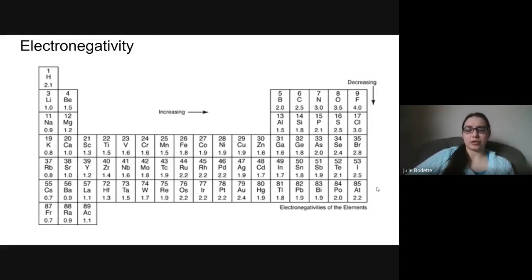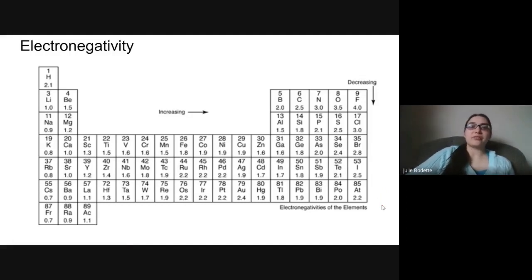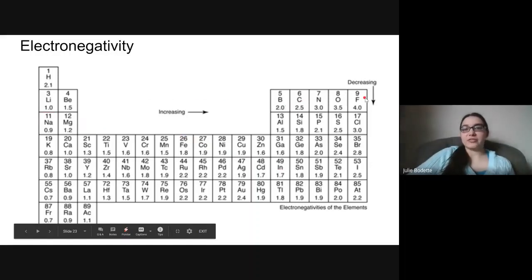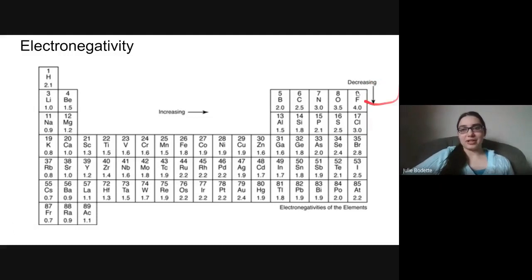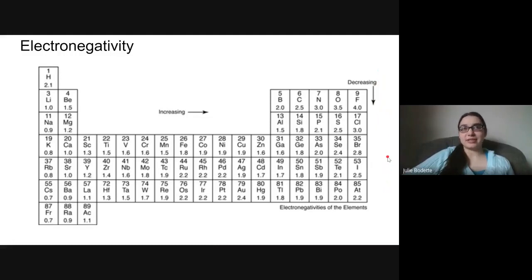They have full outer shells. So the noble gases really do not want to gain electrons. They don't want to lose electrons. They don't want to react at all, right? So when I say from left to right, the electronegativity increases, ignore the noble gases, right? Even though the noble gases are at the end over here, they do not have the highest electronegativities because they have pretty much none. They do not want electrons.